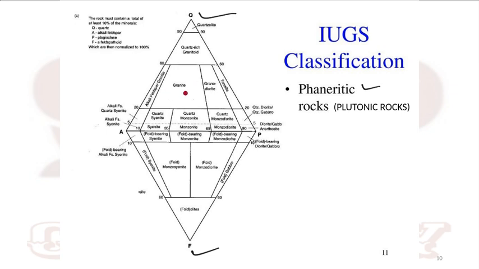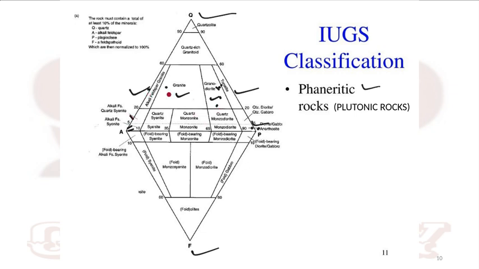The rocks are represented here. You have to remember granite, granodiorite, tonalite. Tonalite has a lower alkali percentage. From this you can analyze the composition. Suppose granite has more alkali feldspar than plagioclase feldspar. Granodiorite has more plagioclase feldspar than alkali feldspar.